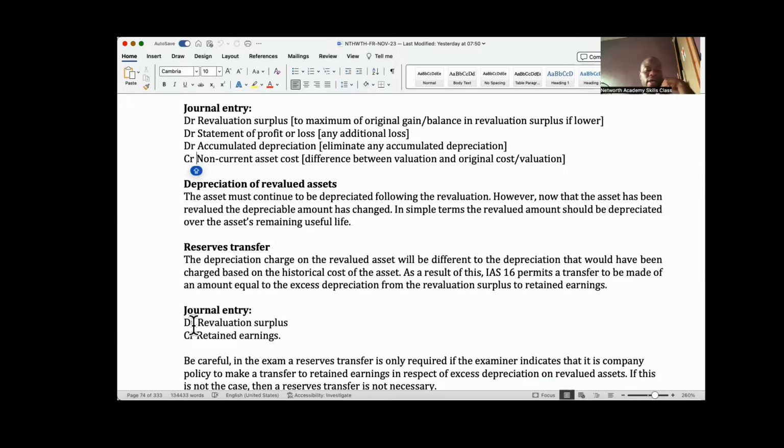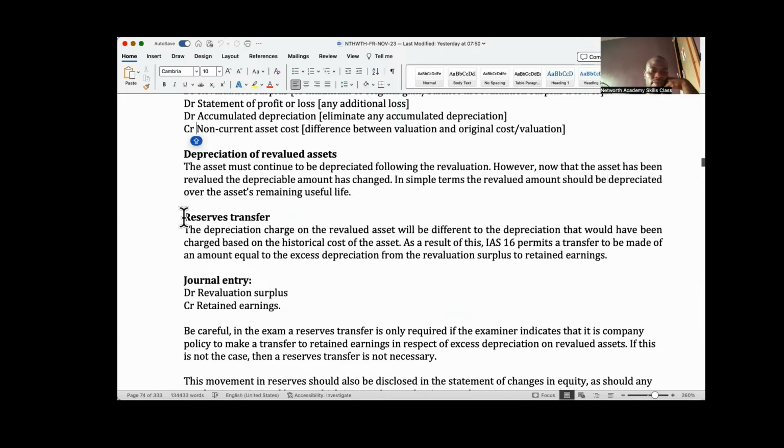And finally is the one I talked about: excess depreciation. IAS 16 usually allows that when there is a revaluation surplus and the value of your asset goes up, the depreciation you will charge going forward will be higher than what you were charging before, because the value of the asset has gone up.